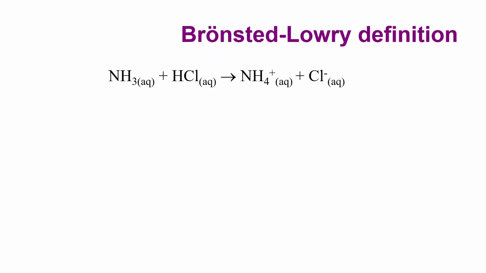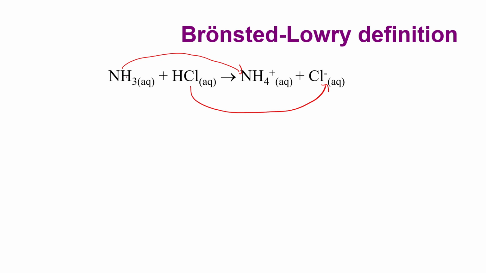So kalau kita jawab soalan tadi, equation NH3 plus HCl produce NH4 plus Cl minus, menggunakan Bronsted and Lowry definition, can we determine which one is an acid and which one is a base? Okay, kamu compare NH3 with NH4 plus, HCl with Cl minus.